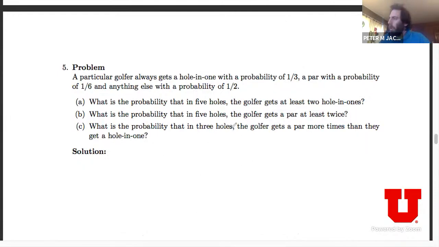Okay, so the golfer gets a par more times than they get a hole in 1. So let's let the event A represent that they get a par more times than they get a hole in 1. So what did you get? It seems that some of you may have had the opportunity to look at this already, which is great. Does anyone like to share their strategy?